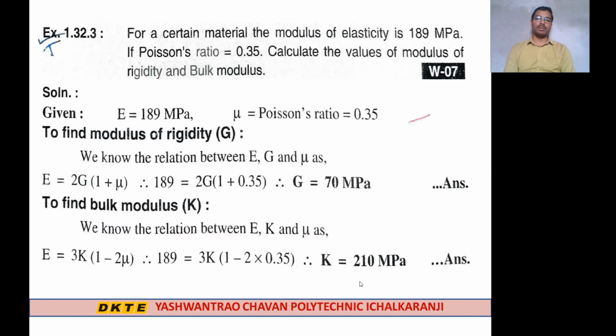Third problem is, for a certain material modulus of elasticity is 189 MPa. If Poisson's ratio is 0.35, calculate the values of modulus of rigidity and bulk modulus. Similar problem: by using the relation between E and G we will get the value of G, and E and K we will get value of K.